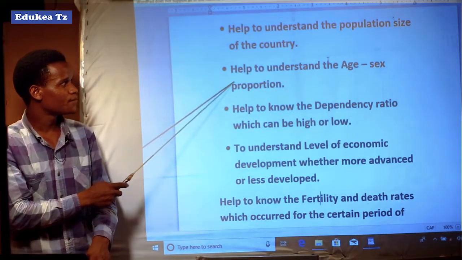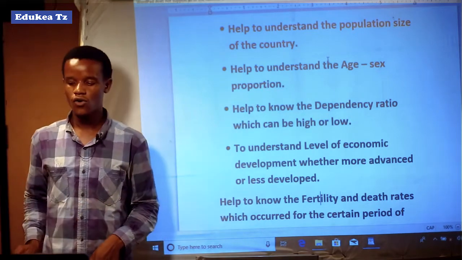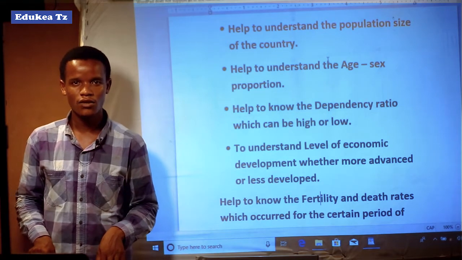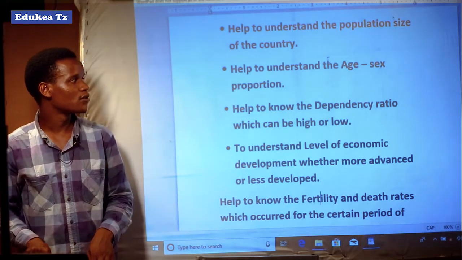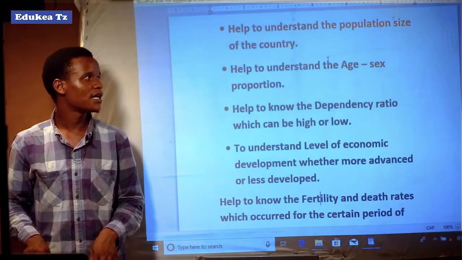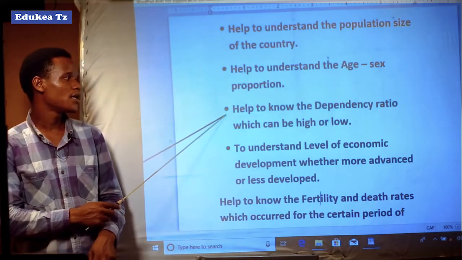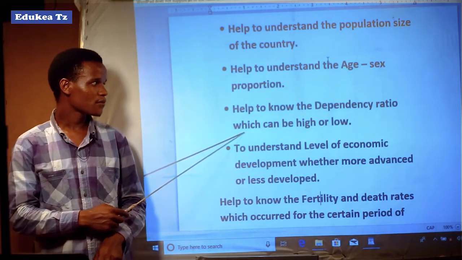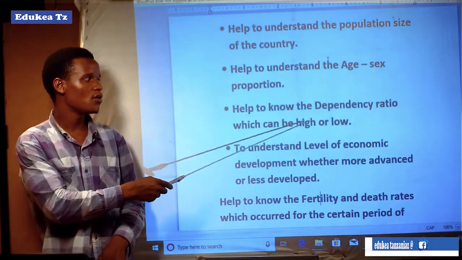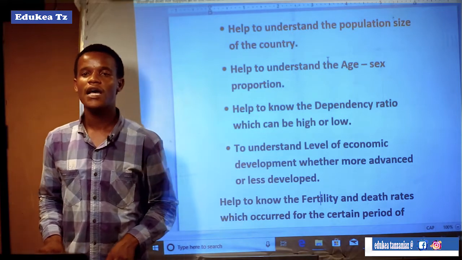Another is that it helps to understand the age-sex proportion, how age and sex are proportioned from one category to another. Another point is that it helps to know the dependency ratio, which can be high or low. Dependency ratio occurs especially in the aging population.